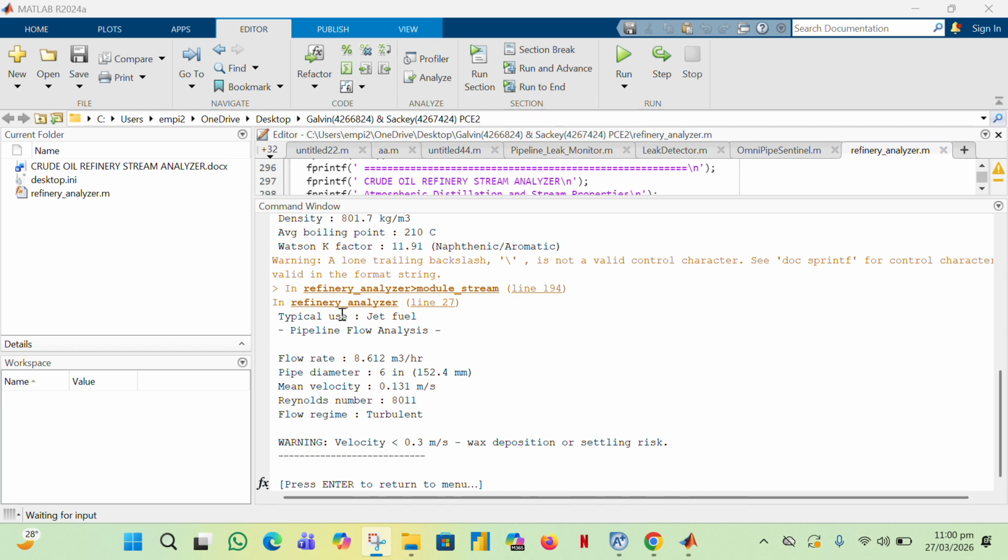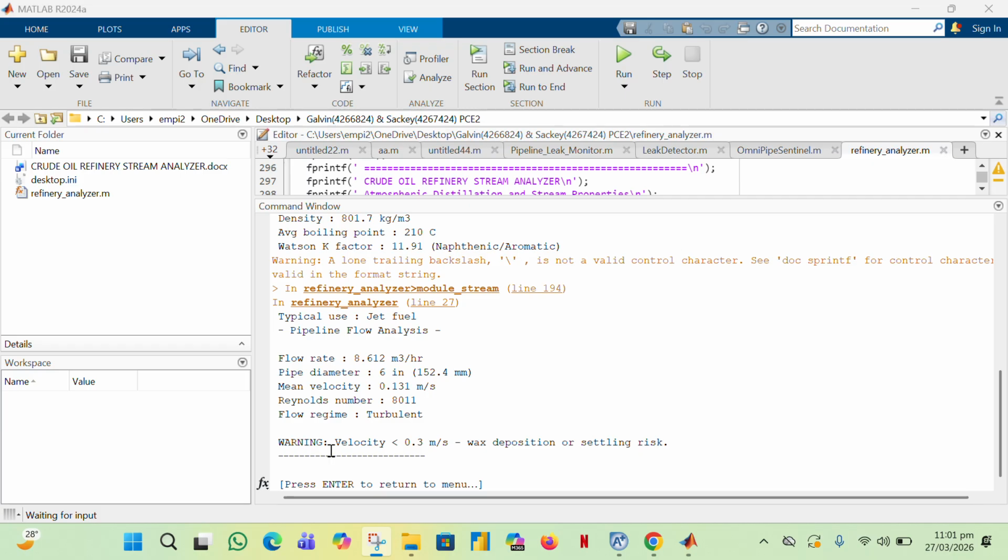And for typical use of kerosene, jet fuel, it's giving us the flow rate, the pipe diameter, which we gave, the mean velocity, the speed at which it is moving in that pipe, and a Reynolds number, which shows that the flow regime is turbulent, meaning the fluid is moving in a chaotic, well-mixed manner, which is actually normal or healthy for petroleum pipelines.